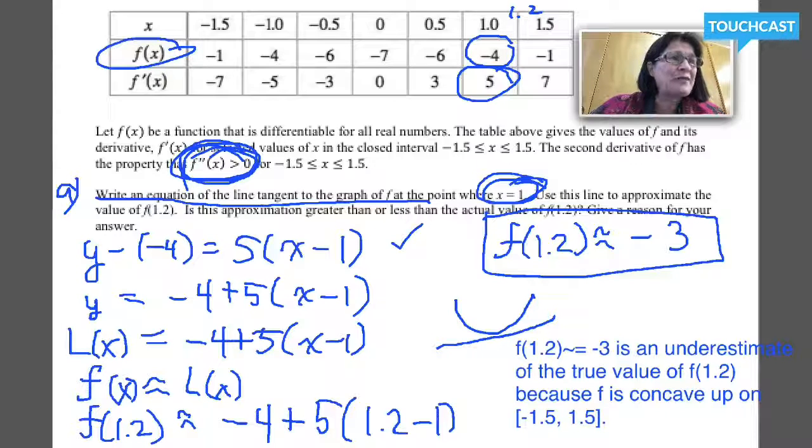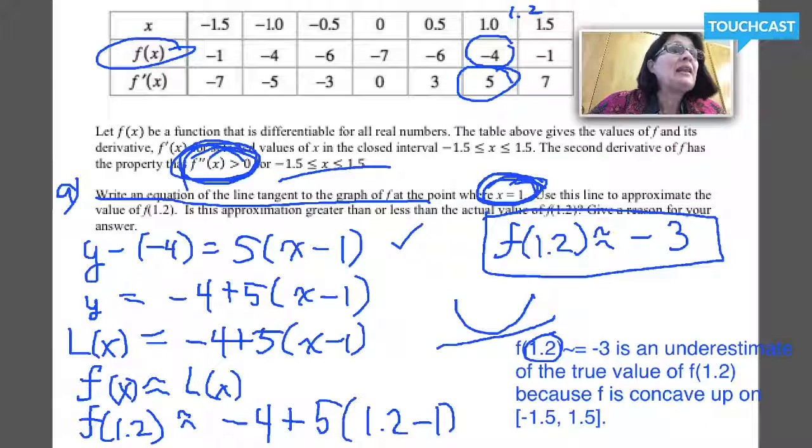You could have given any interval that is a true interval on which f is concave up, as long as it includes 1.2 and the original x value that you used, 1. So the smallest interval you could have given is the interval from 1 to 1.2. But here I just gave the whole interval because any one is fine.